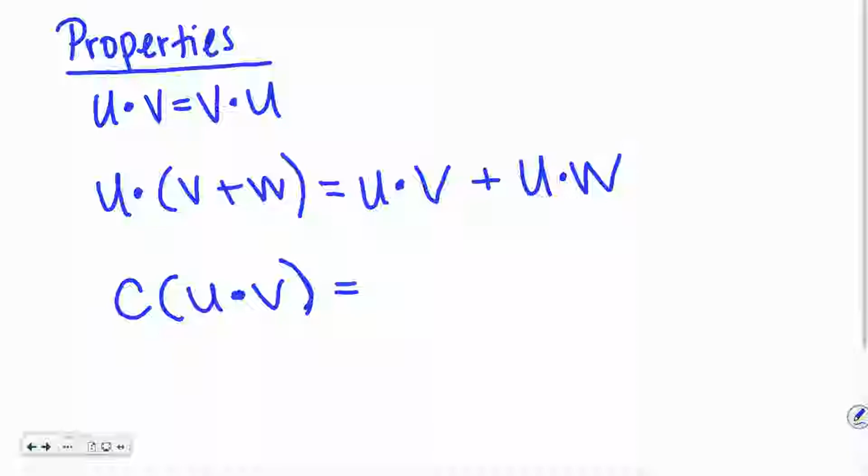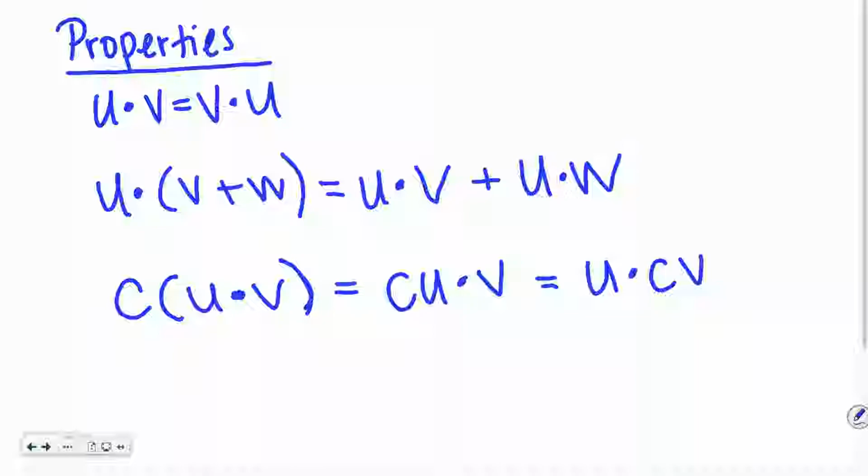No. You would do a multiplication and then take that product with the other one. Same thing. We could take the scalar to u and then dot it with v, or we could take the scalar to v and then dot product with u. But we can't distribute multiplication to multiplication. That doesn't make sense. Okay?